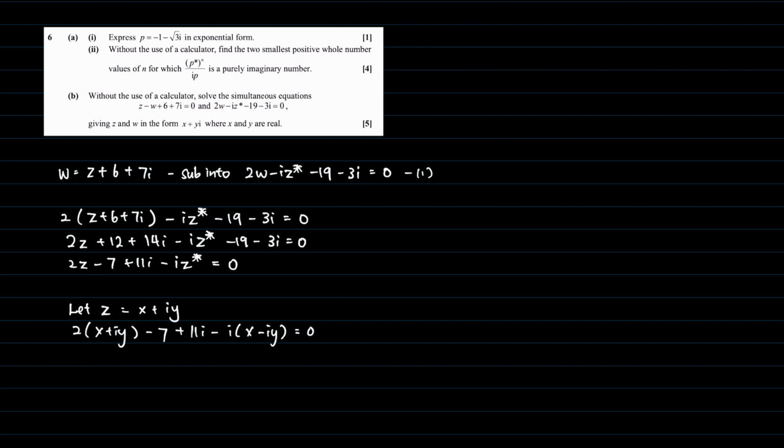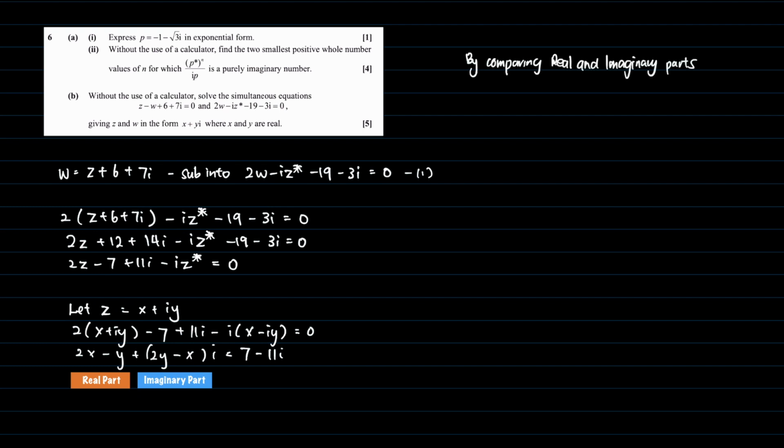Now let's try to group all the real terms on one side and the imaginary terms on the other. We will then have 2x minus y plus 2y minus x multiplied by i equals to 7 minus 11i. The reason why we are doing this is so that we can compare the real and imaginary parts so that we can find the values of x and y.